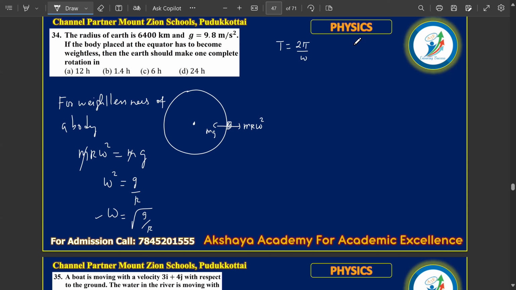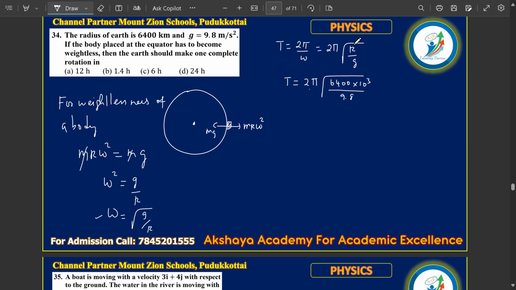Now, when we substitute, the time period becomes 2 pi root over r by g. After substituting the values, r is 6,400 into 10 power 3, divided by the value of g, 9.8.